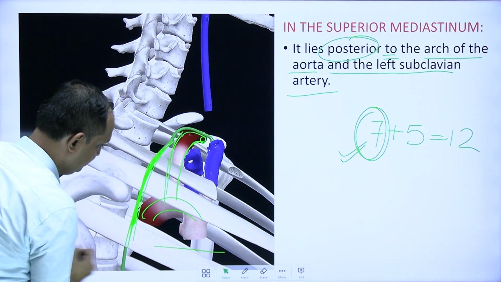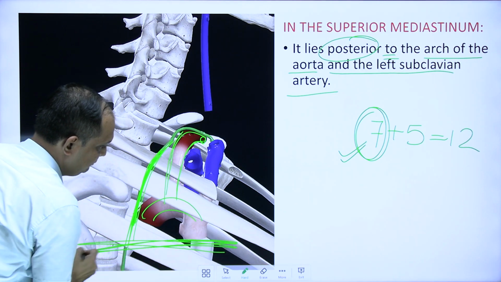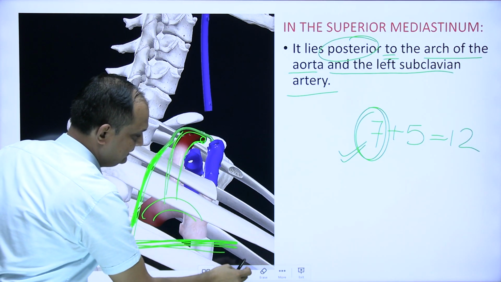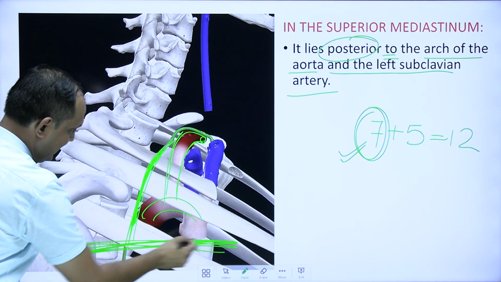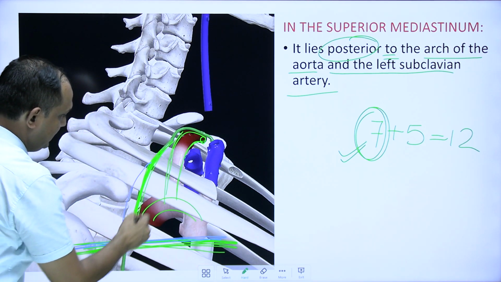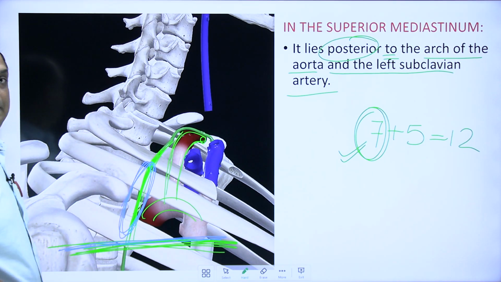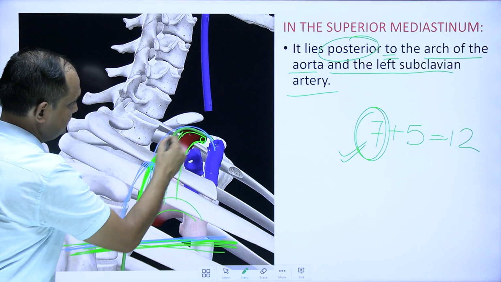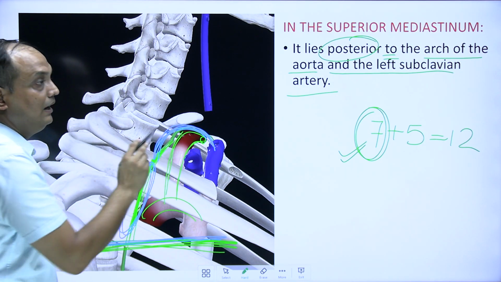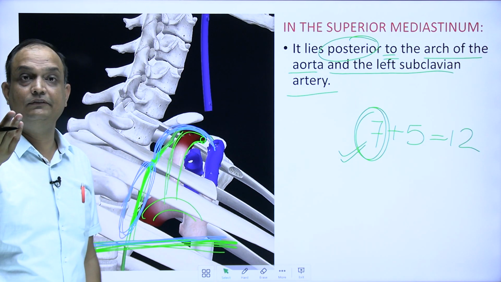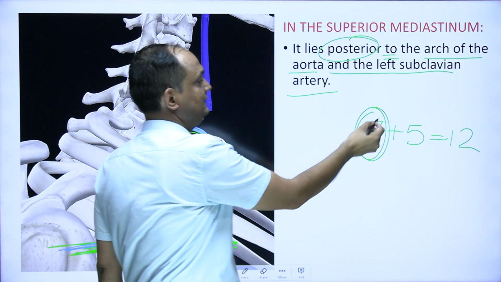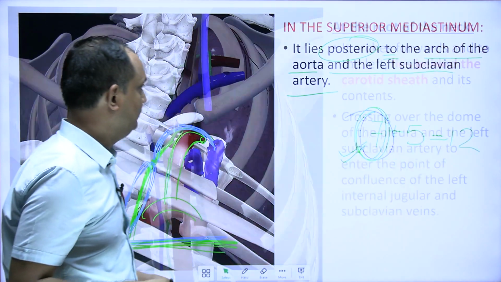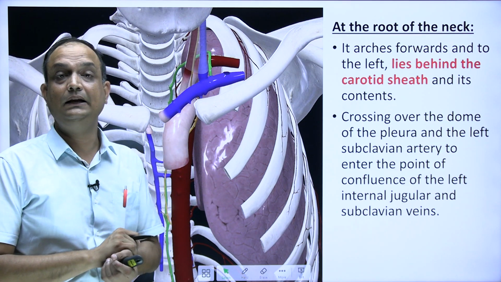Now, this is your superior mediastinum. So, you have to understand that this duct still lies in the posterior part of the superior mediastinum, because this curvature or arch will start above T1, that is at the level of C7. Clear?